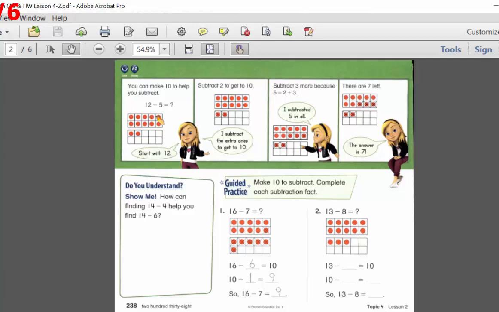How many red counters are there? 12. Very good. Why it's helpful to use a 10 frame? Using a 10 frame makes it easier to make 10 and to find how many more counters should be taken away to subtract 5 in all.